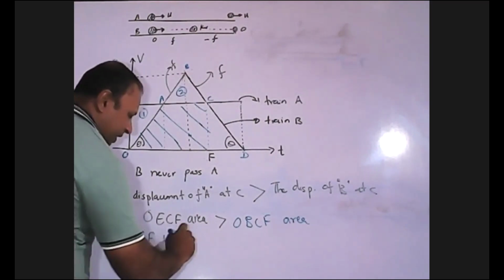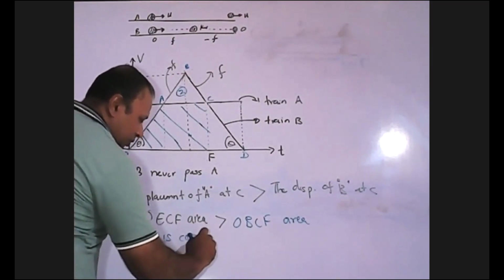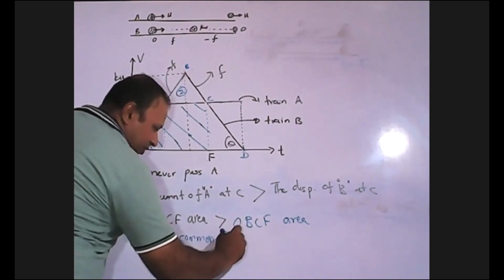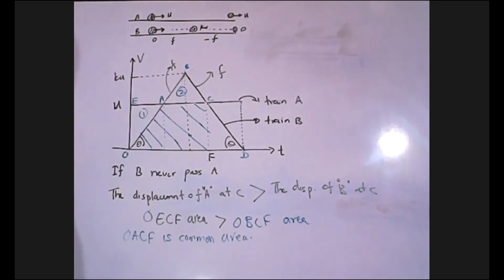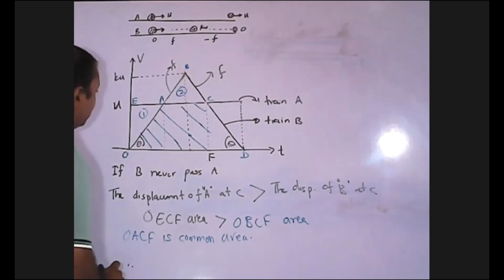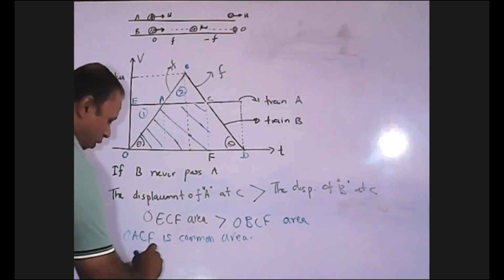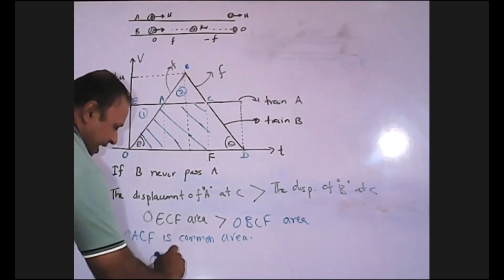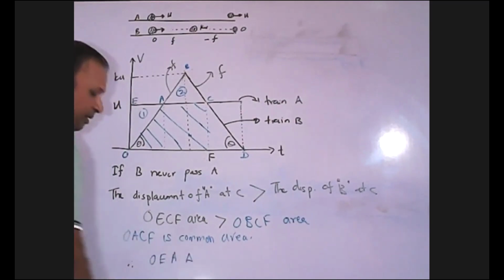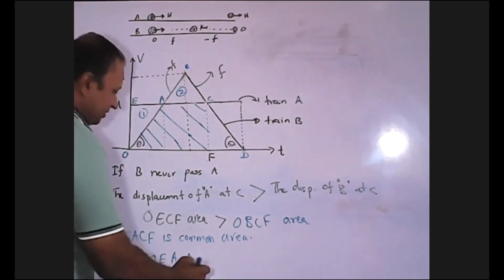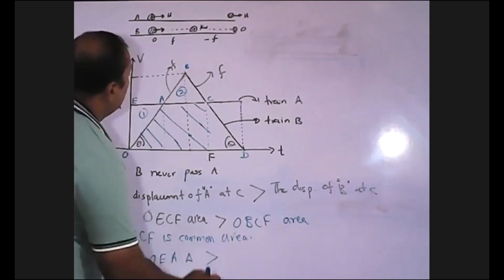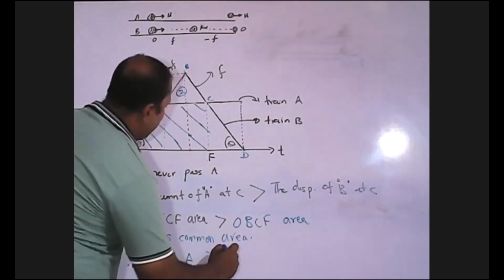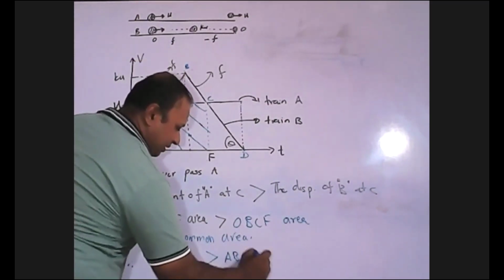OACF is a common area. Therefore, the OEA triangle is greater than the ABC triangle.